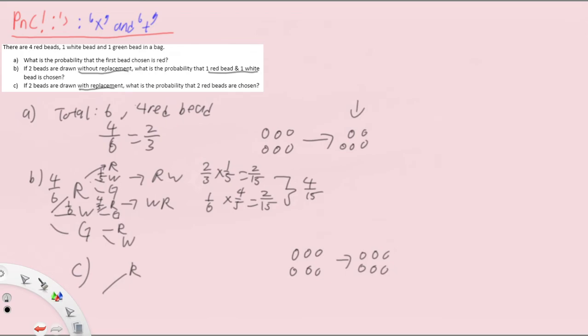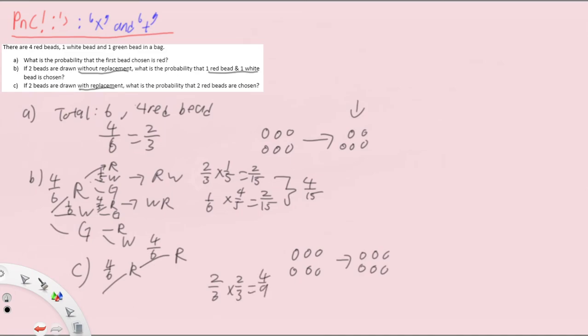Since you want both red beads in the first 2 draws, both must be red. The first red bead drawn is 4/6. Because we're replacing it, we still have 6 beads in total for the second one, and it's another 4/6 for the second red bead. All in all, 2/3 times 2/3 equals 4/9.